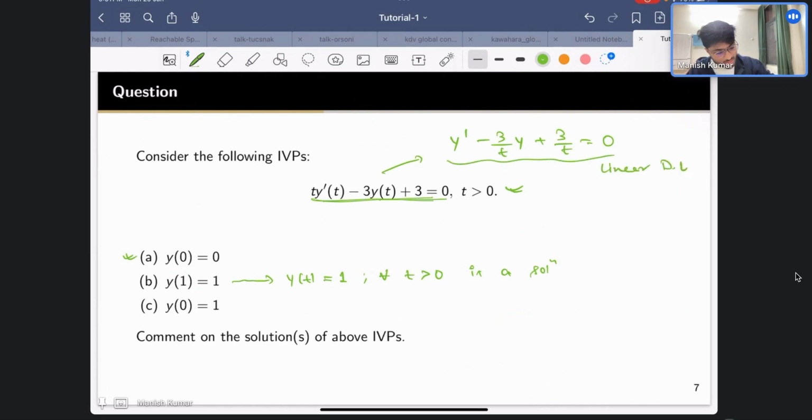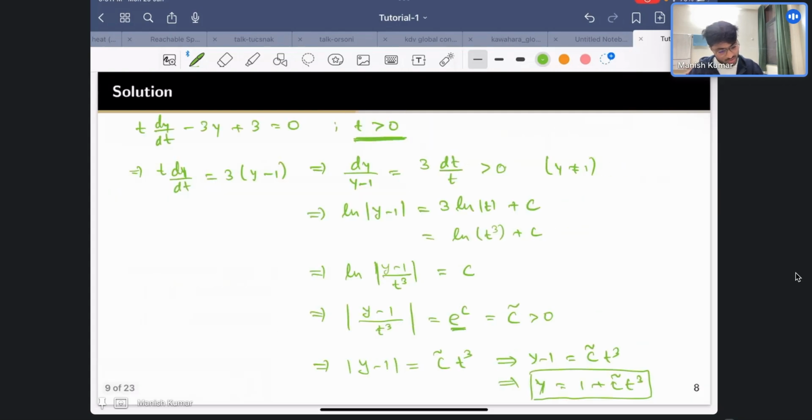You can use the integrating factor, multiply this differential equation with that integrating factor, and probably from that method one can get the solution. So you can check this method: multiply by the integrating factor and try to solve this. I don't think that this condition will be required in that method.